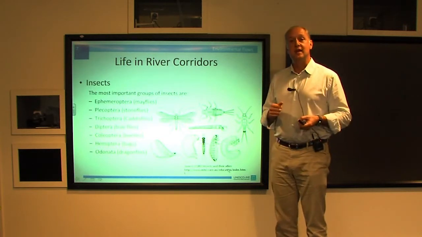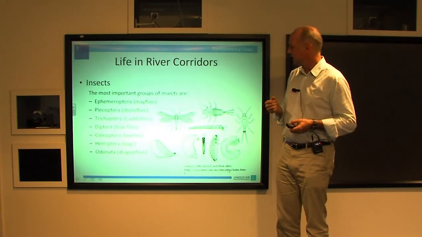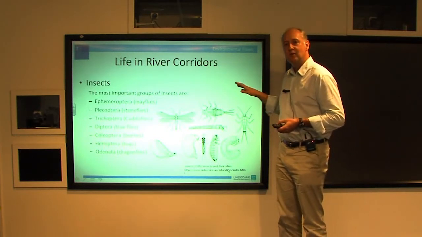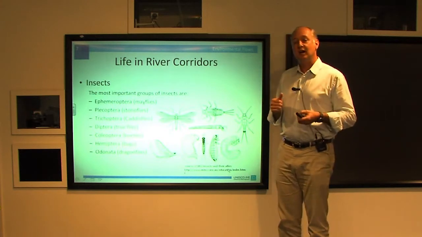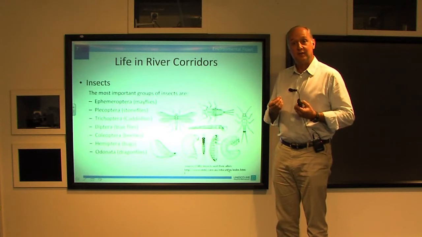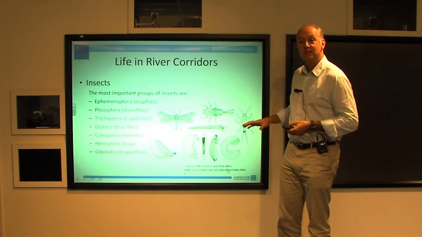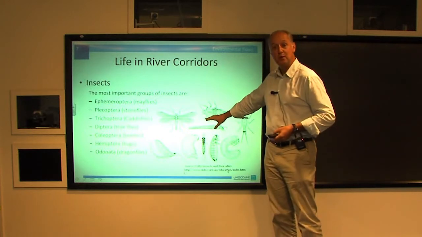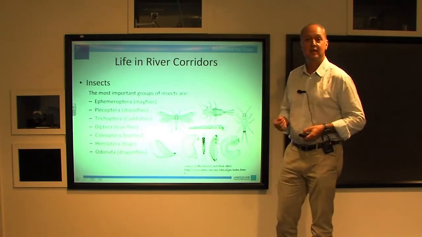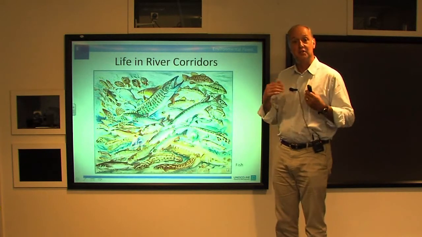So they're often used as indicators of the ecological health, the water quality of river systems, but they also perform very important functions. Again, consuming very often the organic material that is accumulating in rivers, transforming it into high protein body parts that are consumed by larger organisms. Fish in particular.